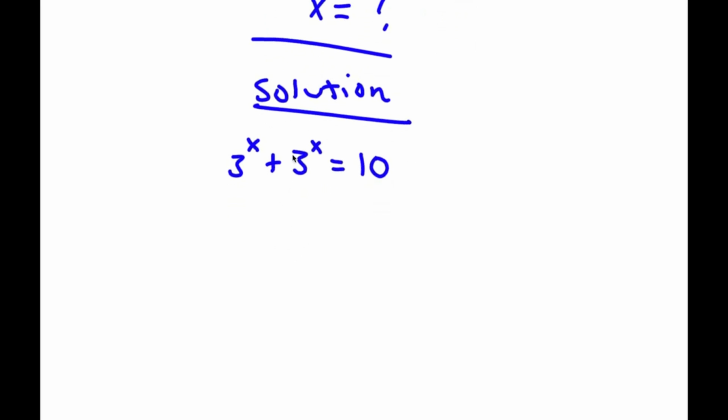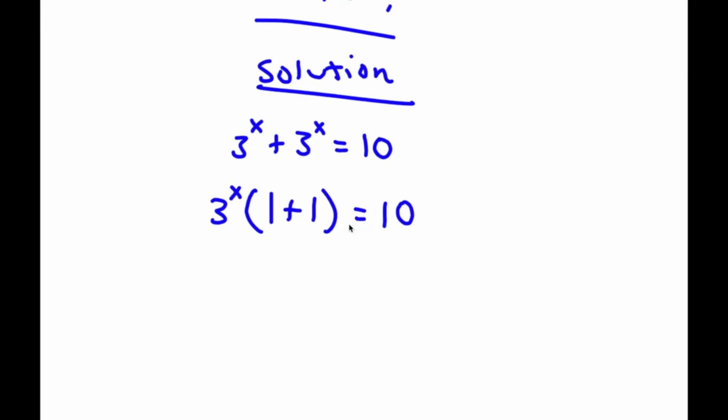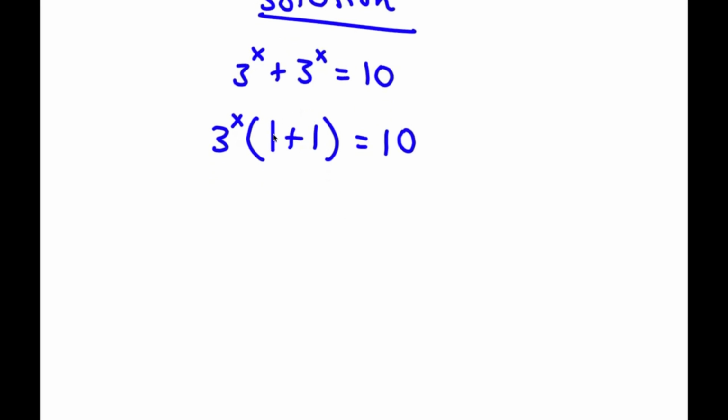Now what I'm going to do is factor out 3 to the power of x from my left-hand side, because both the terms are 3 to the power of x. So now I have 3 to the power of x times 3 to the power of x divided by 3 to the power of x is 1. So I have 1 plus 1 is equal to 10. Now 1 plus 1 is 2. So I have 3 to the power of x times 2 is equal to 10.